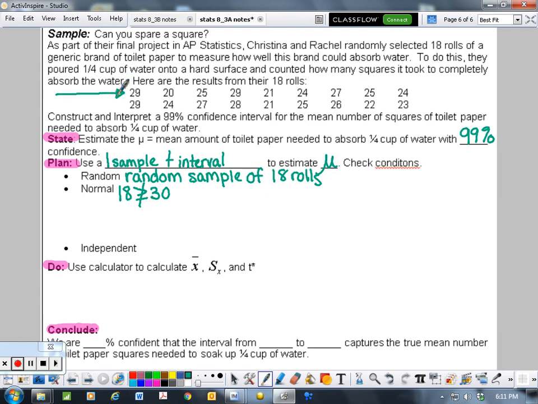We can graph it as a histogram, but then we have to do all sorts of calculations. We could graph a dot plot, but again, we have to do calculations to check our empirical rule. The best way to do this is by using a normal probability plot.